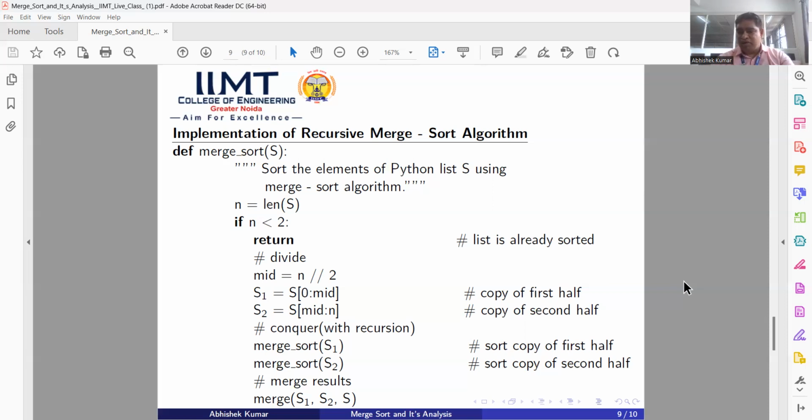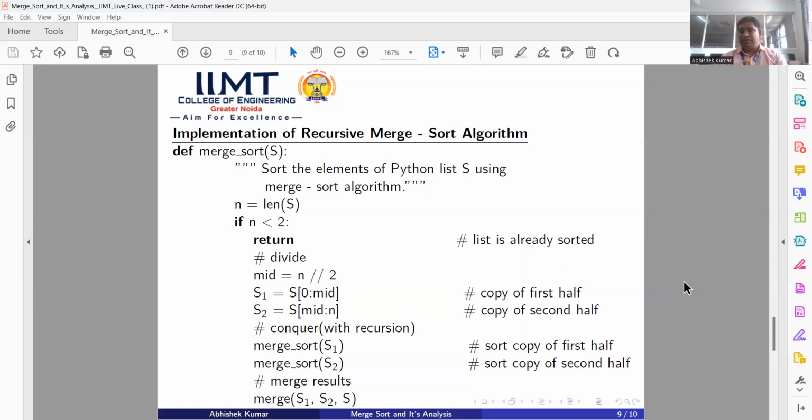Because we already found the length, we are dividing the length by 2. Now after finding the mid value, we have to divide our sequence into 2 equal halves. According to this pseudocode, S1 will contain the elements from 0 to mid.